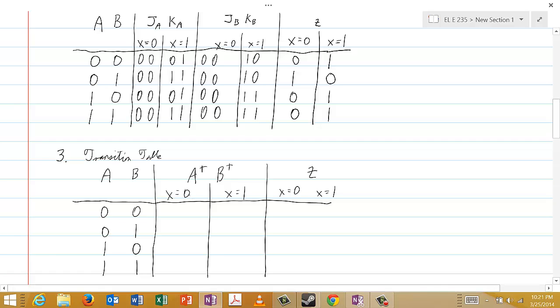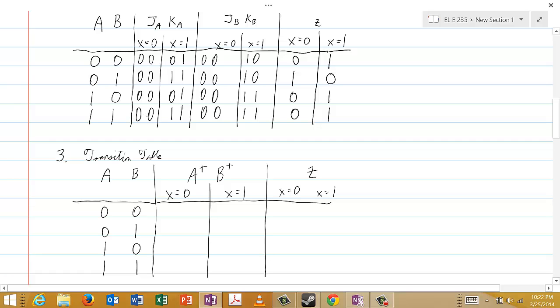In the X equals 0 column, let's look first of all at what's happening with A. Okay, in this first line, A is equal to 0. And in the X equals 0 column, in fact in every case, we see that JA and KA are 0. So we have 0, 0, 0, 0, 0, 0, 0, 0.